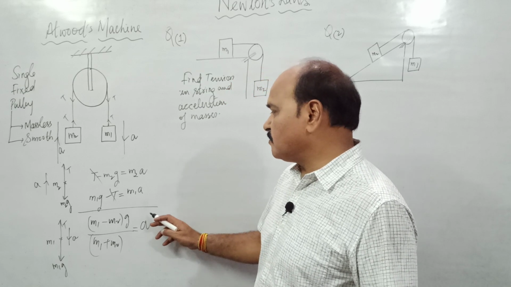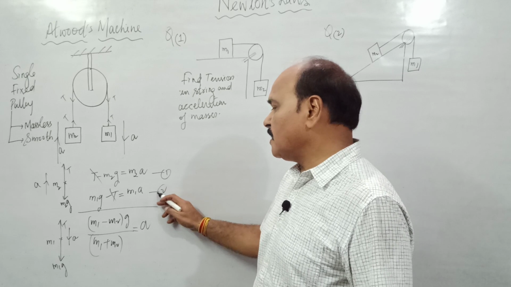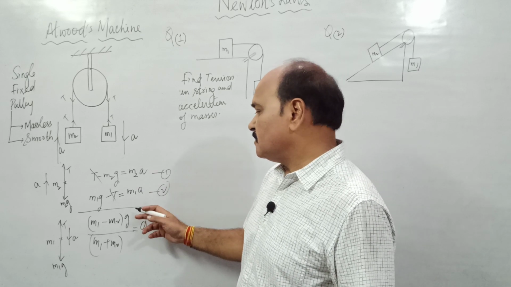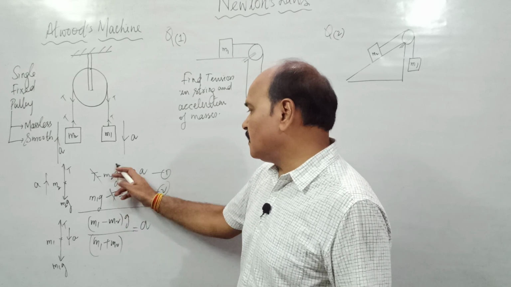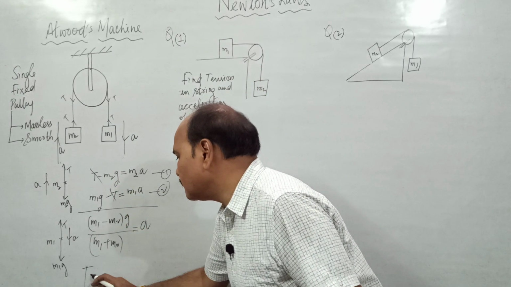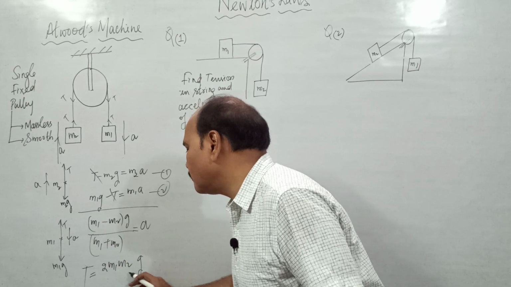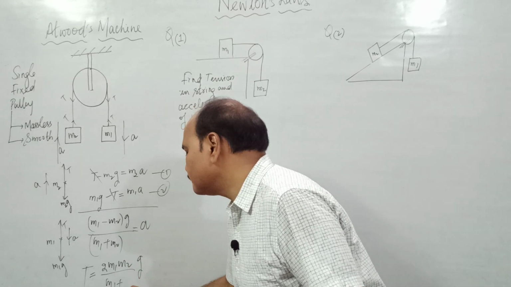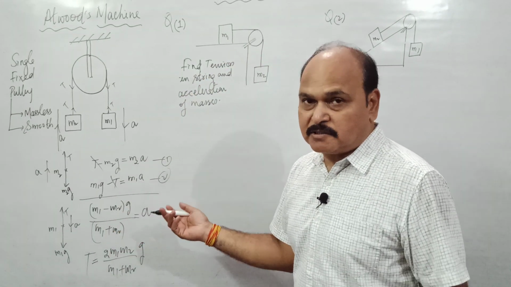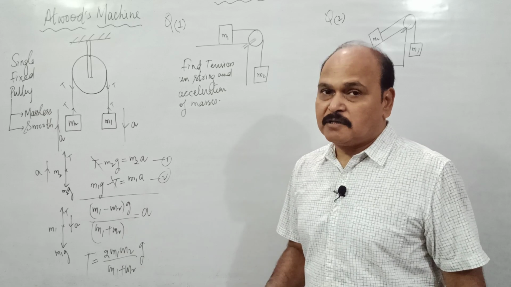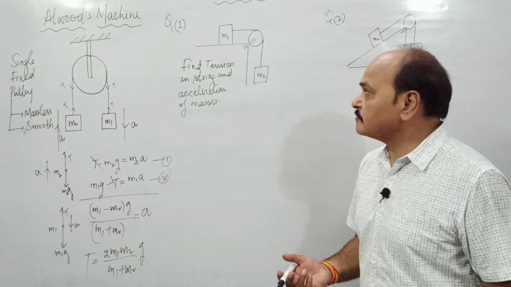And if we substitute the value of A here or here, solving 1 and 2 for A as well as T, we get the value of T, and that T comes out to be 2 M1 M2 G upon M1 plus M2. I have solved for A as well as T because this is asked as a question and has also been asked in the last year half yearly exam.